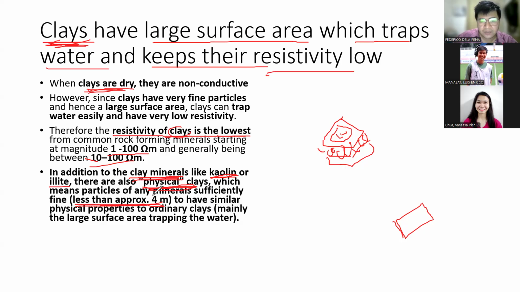And physical clays or very fine soil grains can also have properties that are quite similar to your clay minerals. So again, physical clays will also have a large surface area per unit volume, and this would allow them also to trap water, and that would also allow them to have relatively low resistivities.